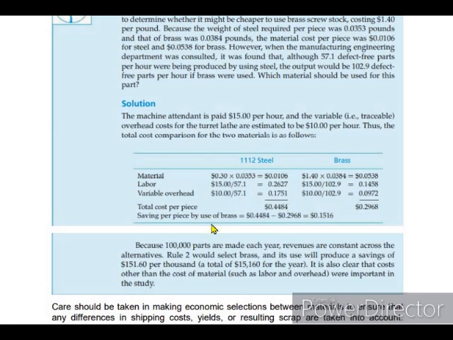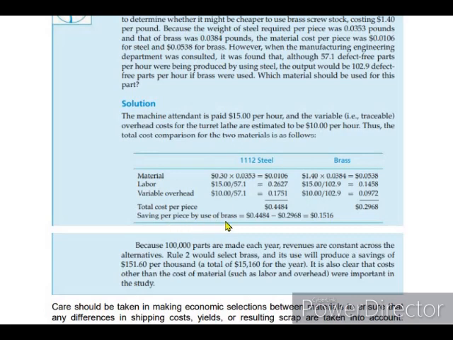Okay, so next, the total cost per piece. That's the reason why we divide them, because we are getting the total cost per piece. So for steel it is $0.4484, while for brass it is 0.2968.